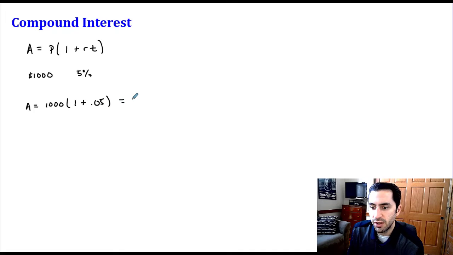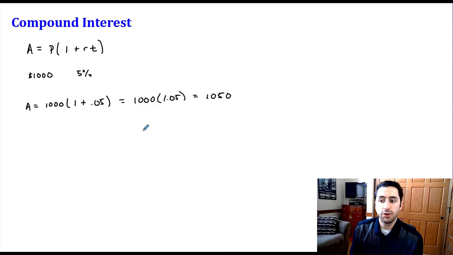So we end up with 1,000 times 1.05, which is going to give me $1,050.